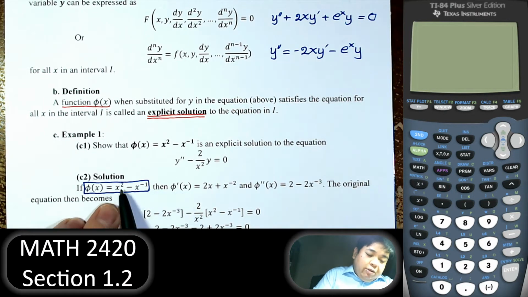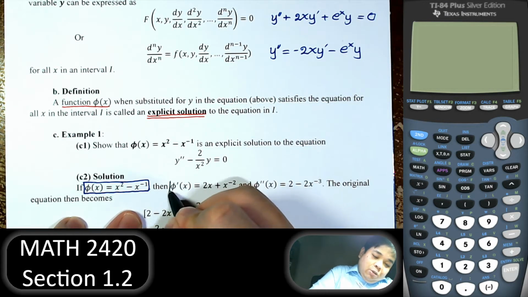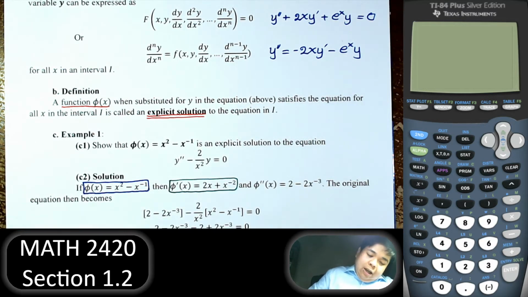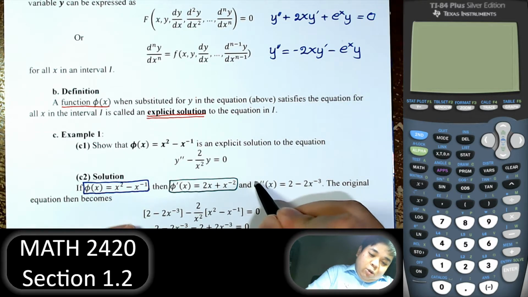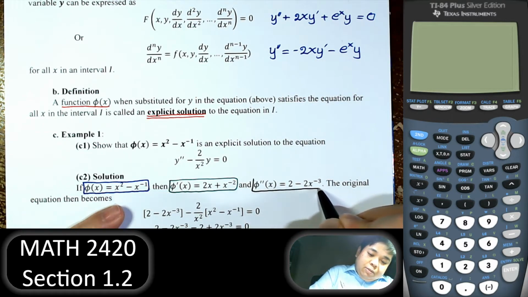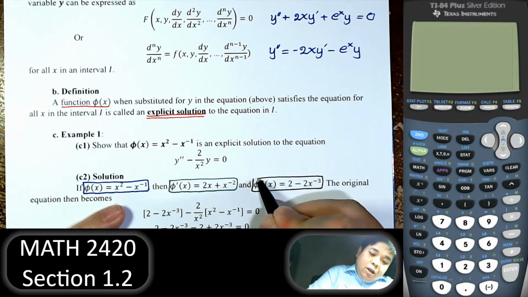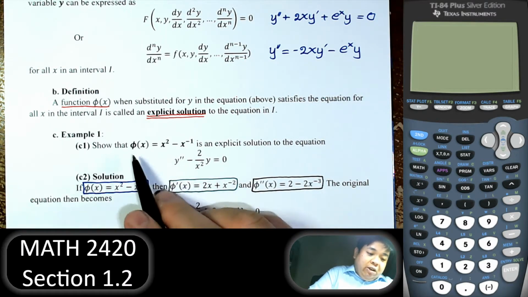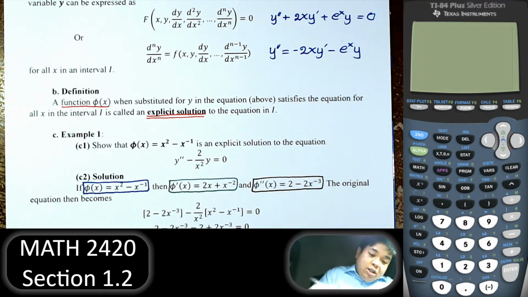Right. So we have that. Then we take the derivative. The derivative of x squared is 2x. The derivative of negative x to the negative 1 is x to the negative 2. So that is the derivative. And then we take the derivative one more time. We have the second derivative, because in this equation we have the second derivative, so we have to take the second derivative of the function phi. And then we just substitute this into the equation.